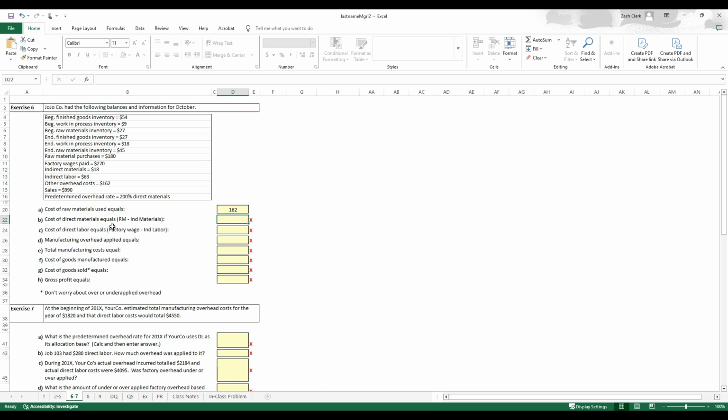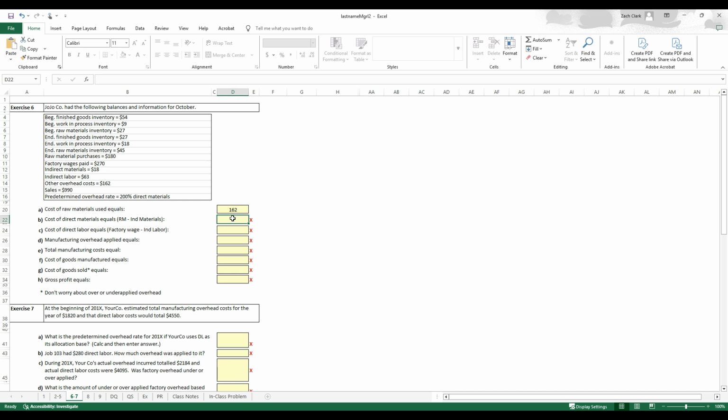Okay, cost of direct materials equals raw materials minus indirect materials. In this instance, we're going to want to say total overhead costs and back out some of the other indirect, basically.